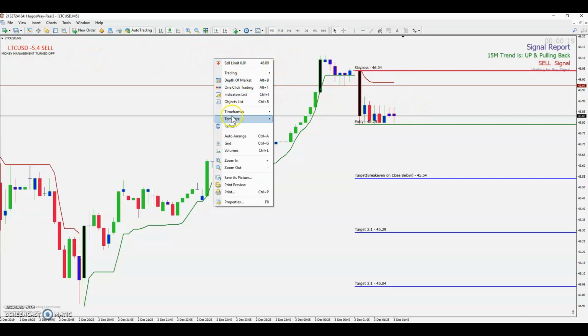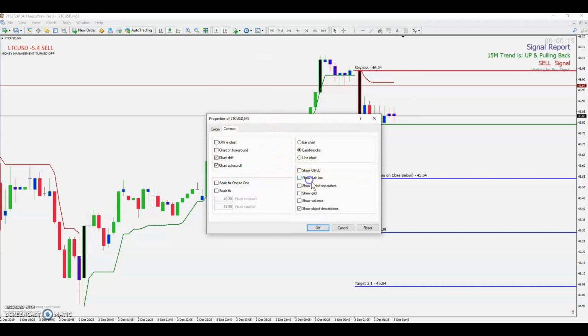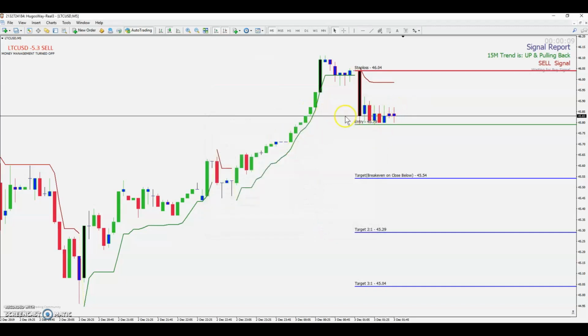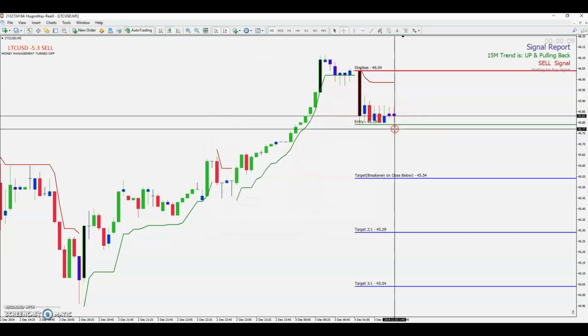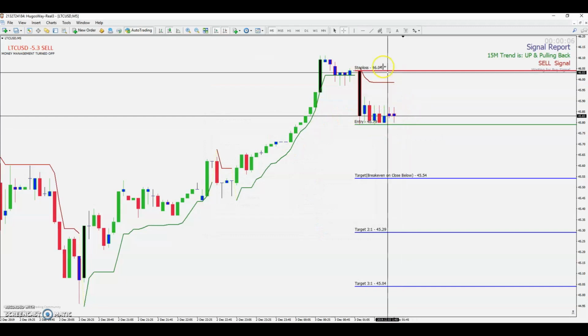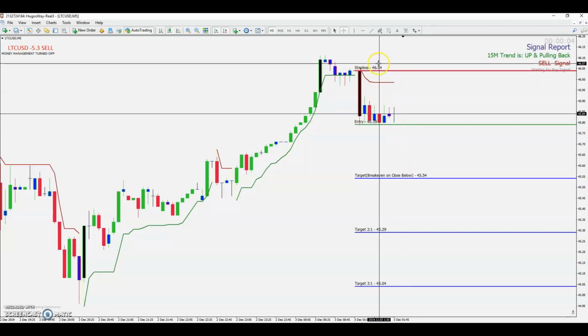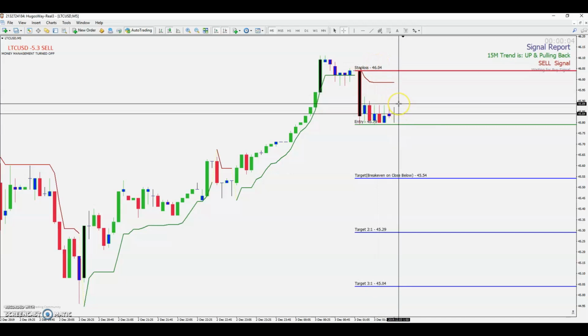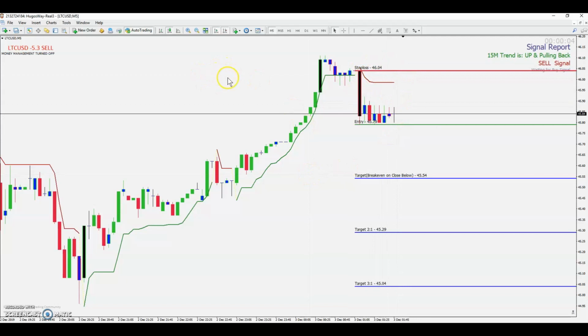If your charts don't have that ask line on there, simply go into the properties and turn it on, because if you take a trade down here or you go to set your sell stop here, if your spread's too high, you're not going to be able to set your stop there, or it even comes up a pip, you're going to be taken out and you're going to wonder why. So this is mostly for new traders.